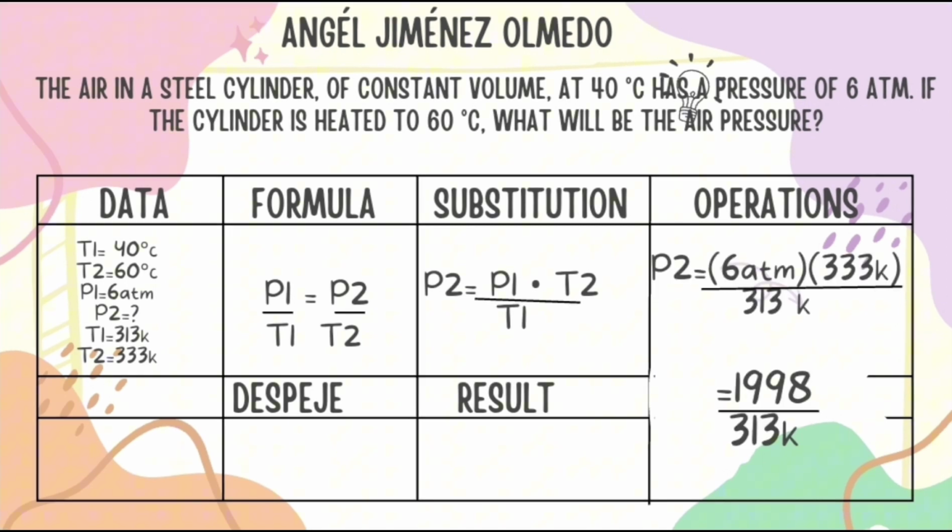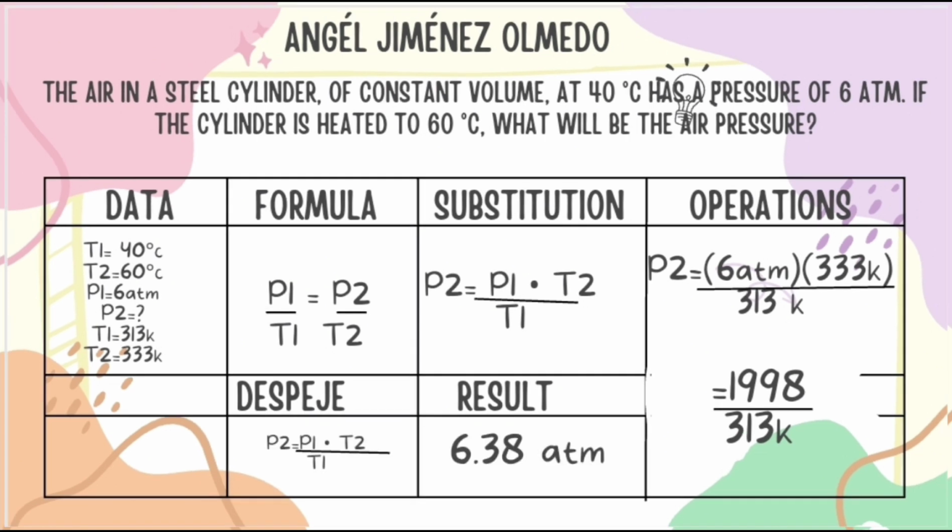We will multiply 6 by 333 and the result will be 1998. Then we will divide 1998 by 313 and the result will be 6.38 atm, and this will be the final pressure of the air.